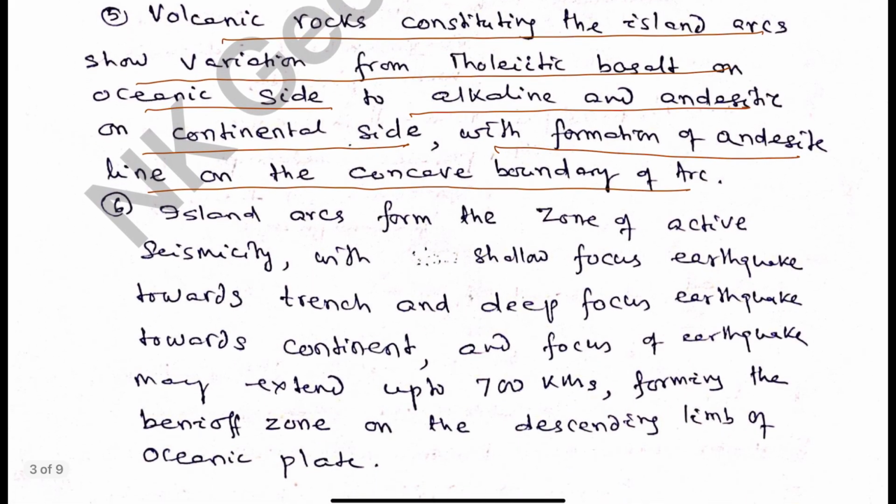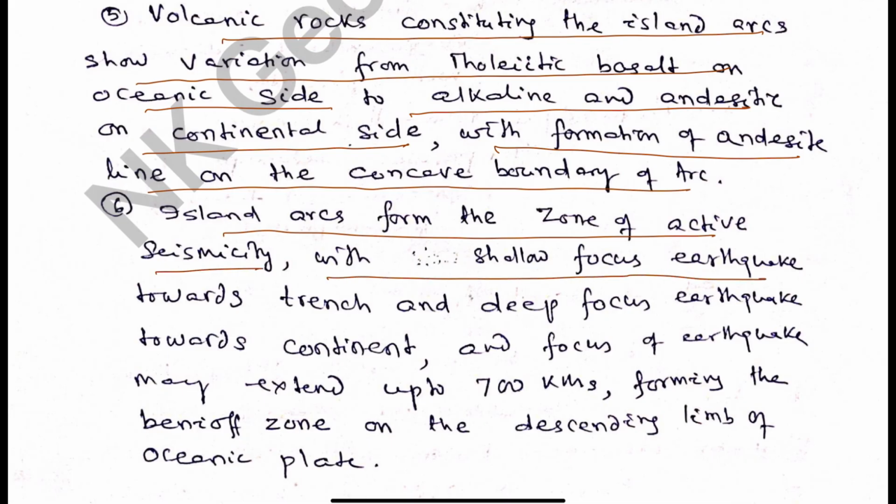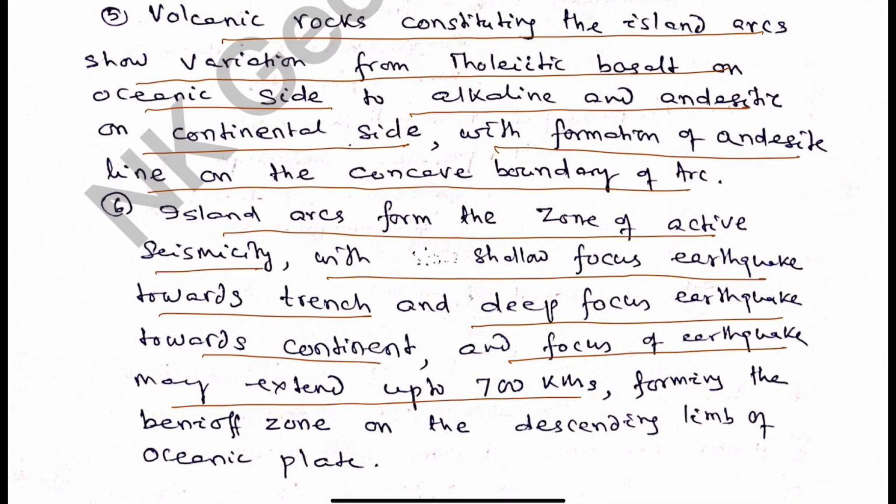Island arcs form a zone of active seismicity, with shallow focus earthquakes towards the trench and deep focus earthquakes towards the continent, and the focus of the earthquake may extend up to 700 kilometers, forming the Benioff zone on the descending limb of the oceanic plates. So these are the major features found with the island arcs and the trenches.